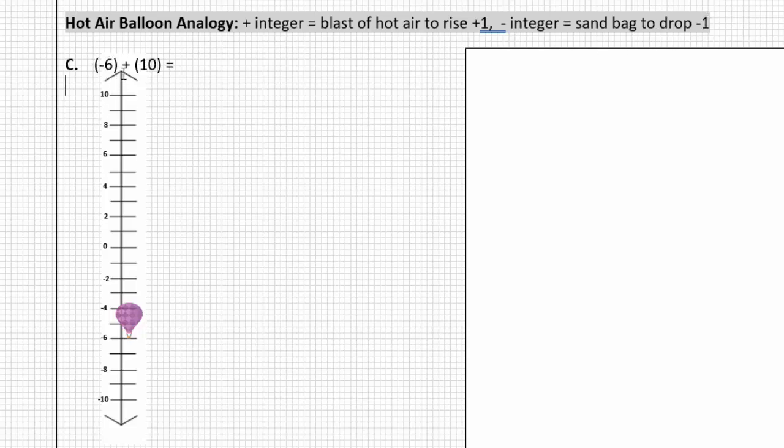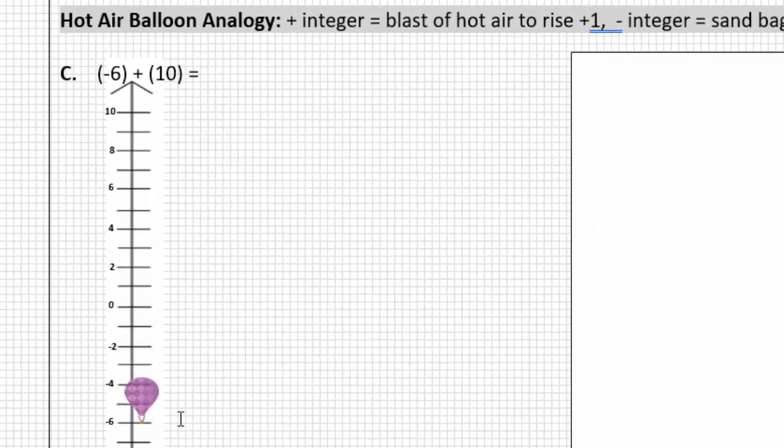Again, on a number line model, whether it's horizontal or vertical, the first integer tells us where to begin. So our -6 is where we want to begin. You can see here that I've started with the basket, right at -6, and that's the part we're going to watch. There's our starting spot, plus 10. So we want to give it 10 blasts of hot air to make it rise up.